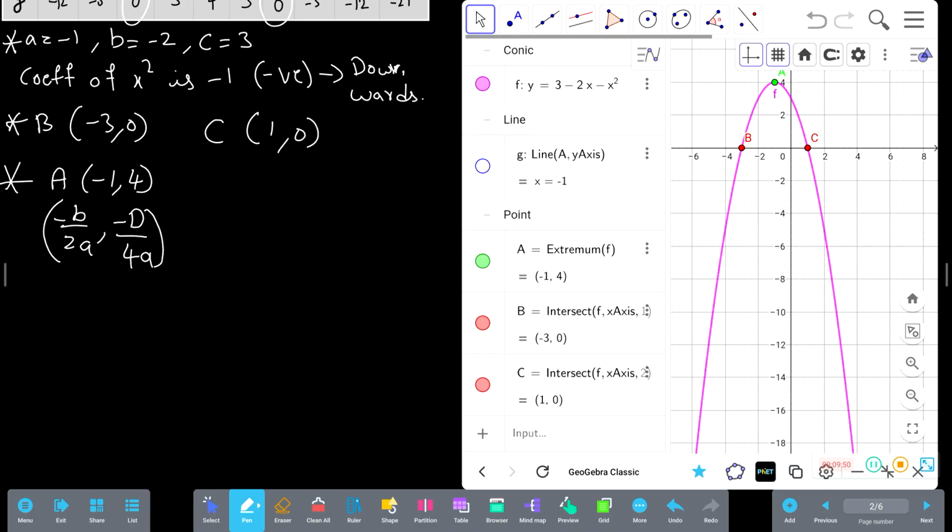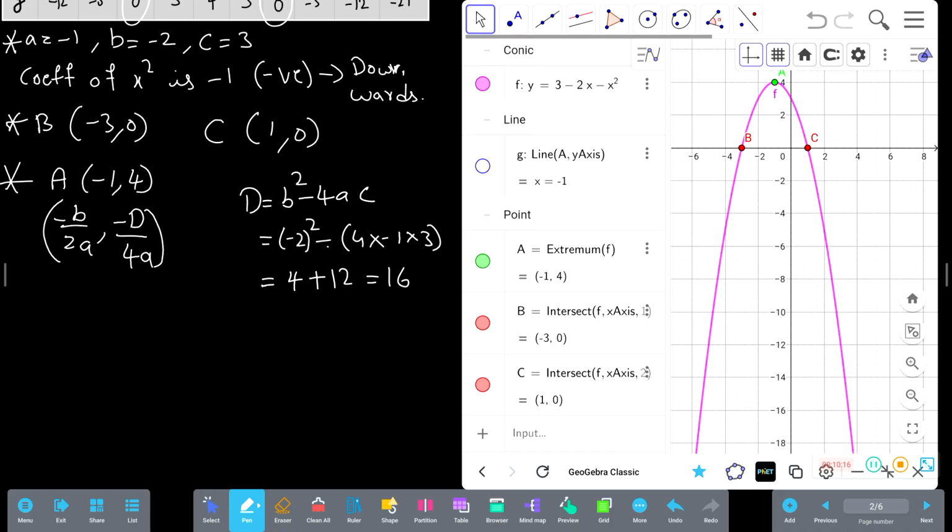Okay, so first we will find out d. So what is d here? b square minus 4ac. So what is b square? Minus 2 square minus 4 into a is minus 1 and c is 3. Right, minus 2 square is 4, minus into minus plus, 4 3s are 12. So we have d as 16.